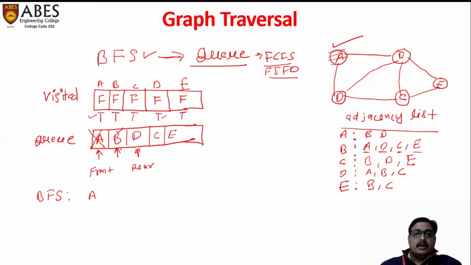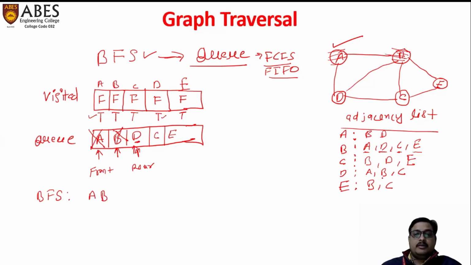Okay. Now we'll pop this B from the queue and add this B to the BFS list, and now change this B in the graph. Now again the front is here. The front node is D. Now come to D. So what are the adjacent vertices of D?